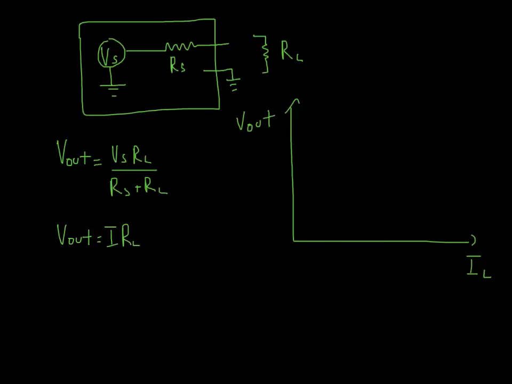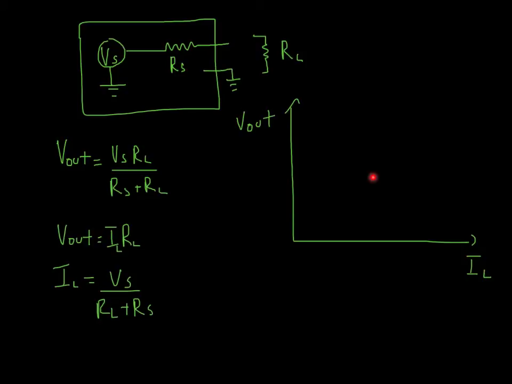All right, but we have to be careful because I is going to change with R load as well. I load is going to be equal to Vs over RL plus RS.